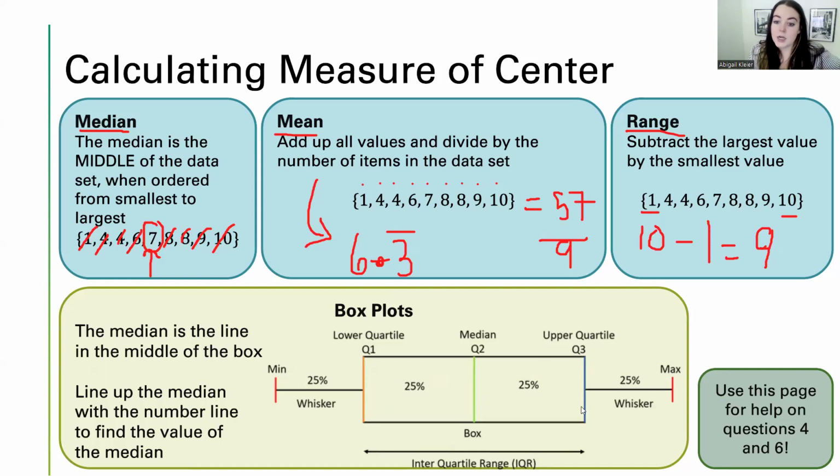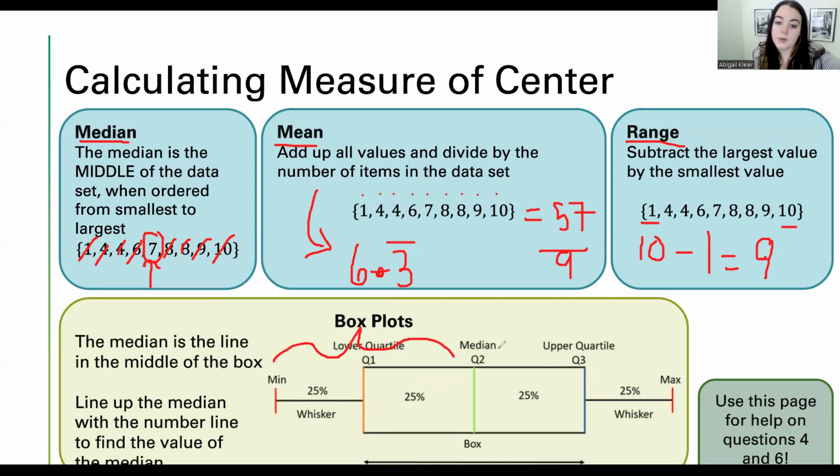Then the outside of our box, those are our quartiles. So when we were in class, we described these as the medians of the upper and lower set of data. Q1 and Q3, we can calculate the interquartile range by subtracting Q3 minus Q1.